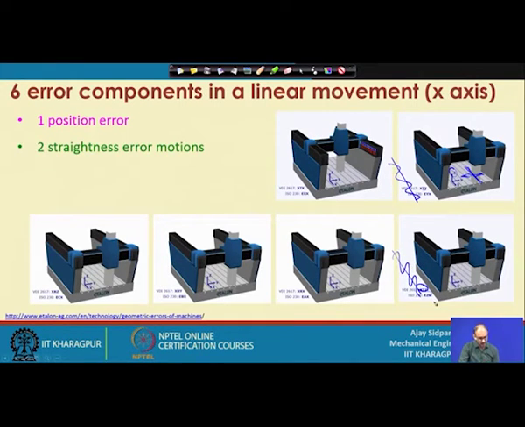So, this is in the z direction and this one is in the y direction. So, one is the position error because you are not able to position your workpiece at one location, that means uniform motion was not possible. Another one is moving in a sinusoidal way, but in the same plane, and another one is moving in a sinusoidal way, but in the vertical plane. So, that is called the z axis problem.